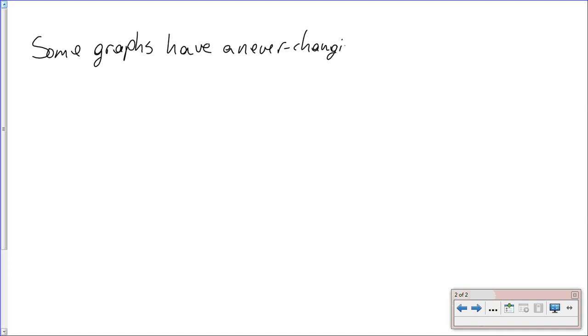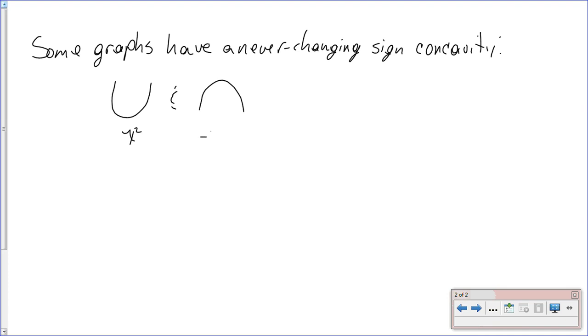Some graphs have a never changing sign concavity, such as y equals x squared and y equals negative x squared.